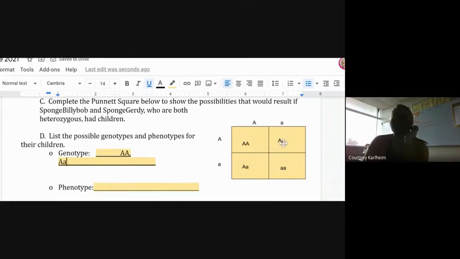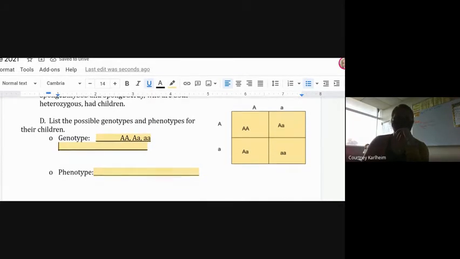That's in two boxes, but you only have to write it once, because otherwise you're just saying the same thing twice. And then our last square is two small a's. So those are the possible genotypes that their babies could have.